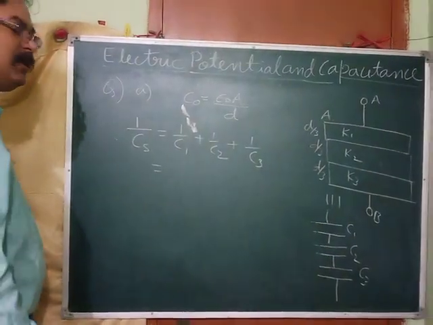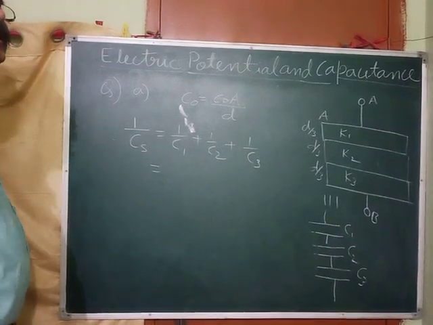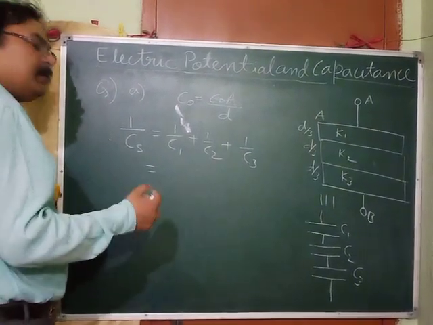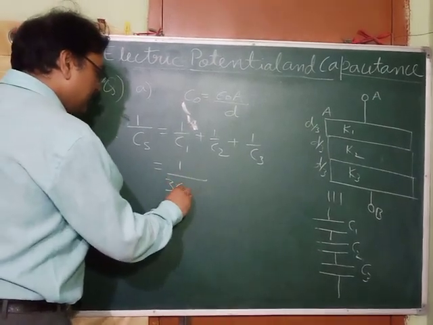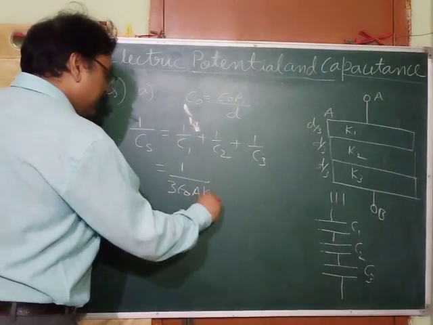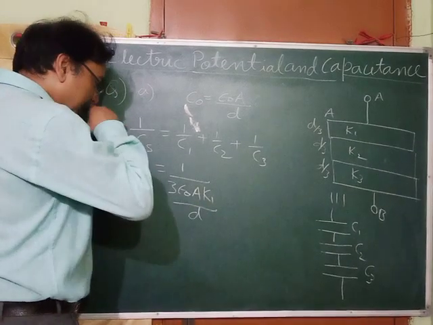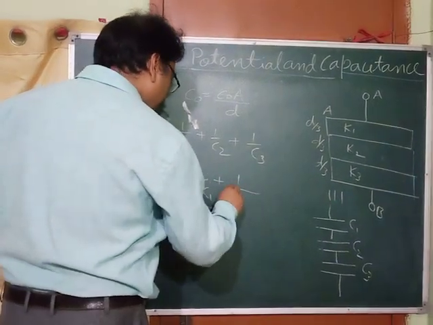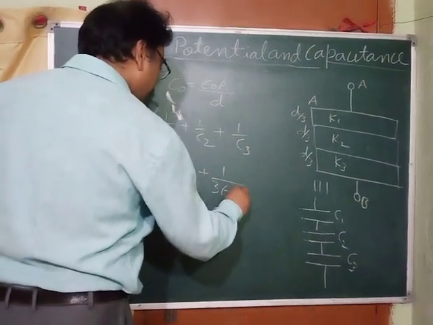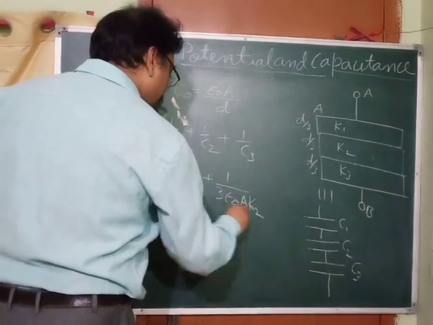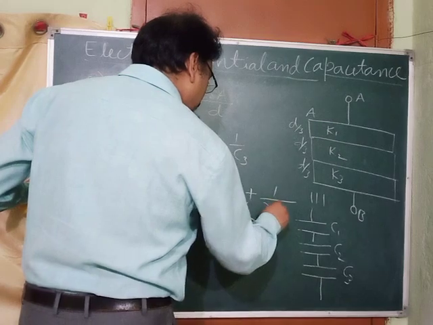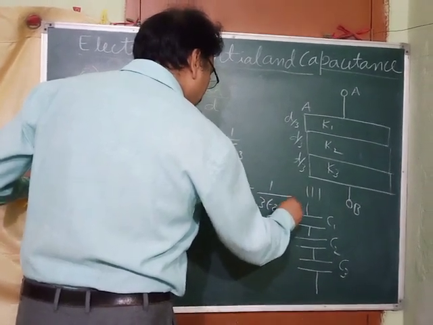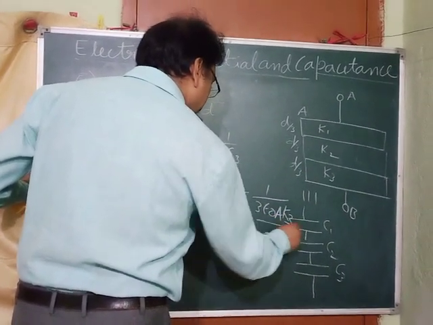It was 3 epsilon naught A K1 by d, so 1 by 3 epsilon naught A K1 by d. Here it was 1 by 3 epsilon naught A K2 by d. Here it was 1 by 3 epsilon naught A K3 by d.